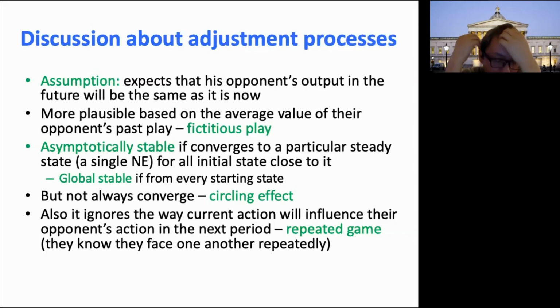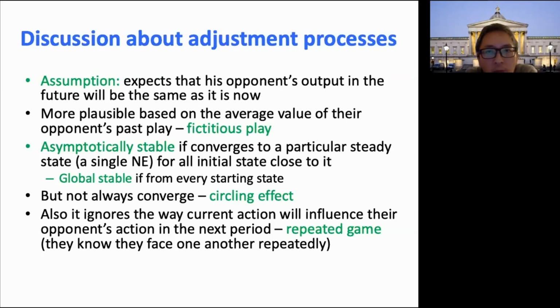If you're familiar with dynamic systems, you can model this process as dynamics and look at the eigenvalue of that dynamic function. But bear with me, we're going to talk about that in our lecture, and in some cases we can show indeed it will converge.